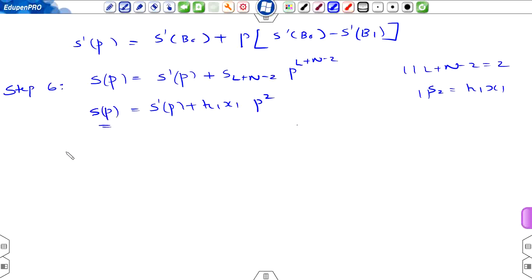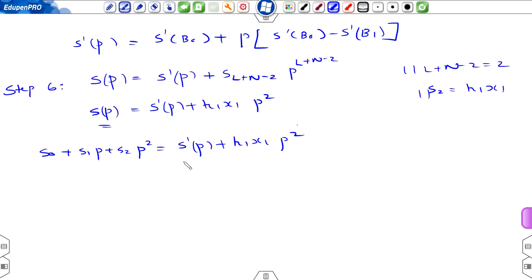The left hand side can be written as S0 plus S1 p plus S2 p square, and that is equal to S prime p plus H1 x1 p square.